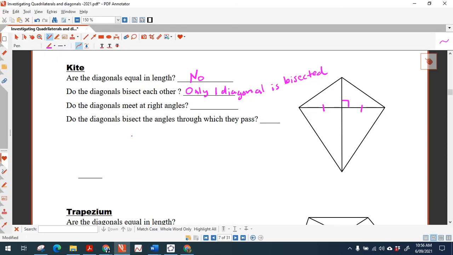So let's come back to notes, and we're going to write down this one is yes. And do the diagonals bisect the angles through which they pass? And the answer is only one diagonal bisects the angles through which they pass.